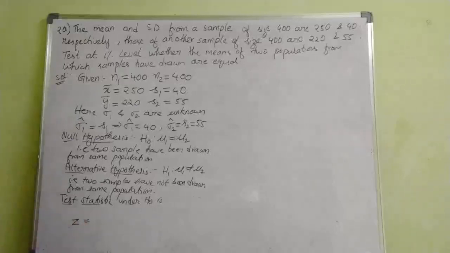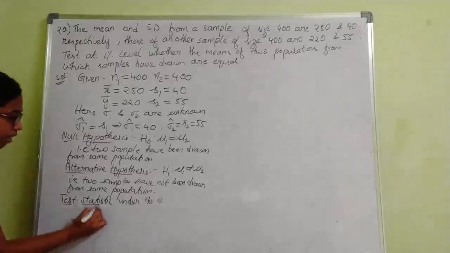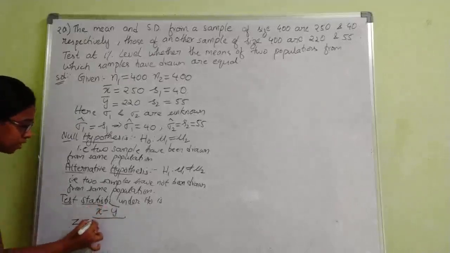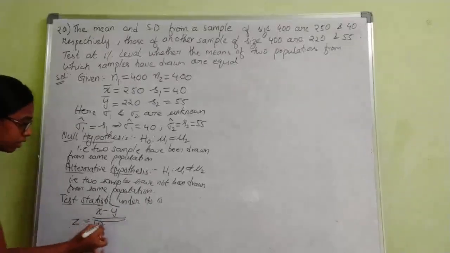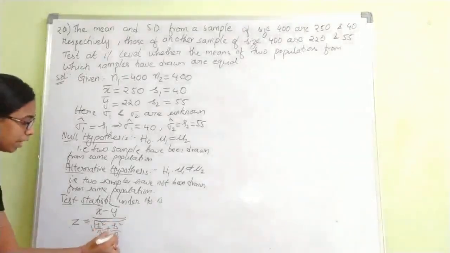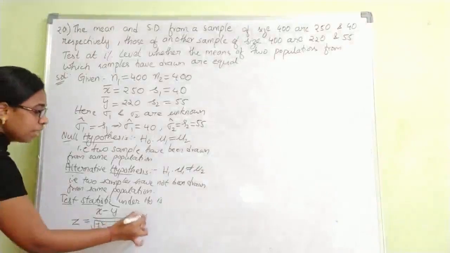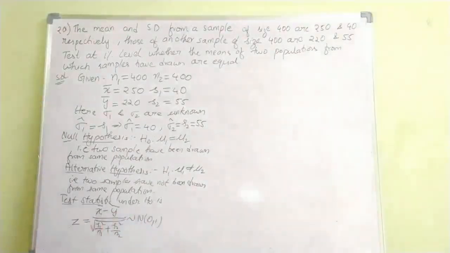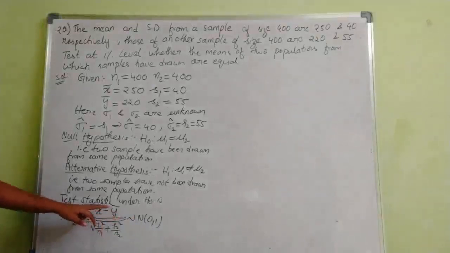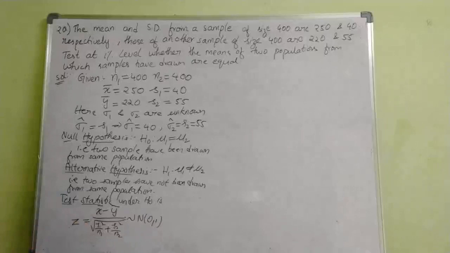Z equals x bar minus y bar divided by square root of s1 square by n1 plus s2 square by n2, which follows normal distribution with 0, 1. So this is the test statistic.